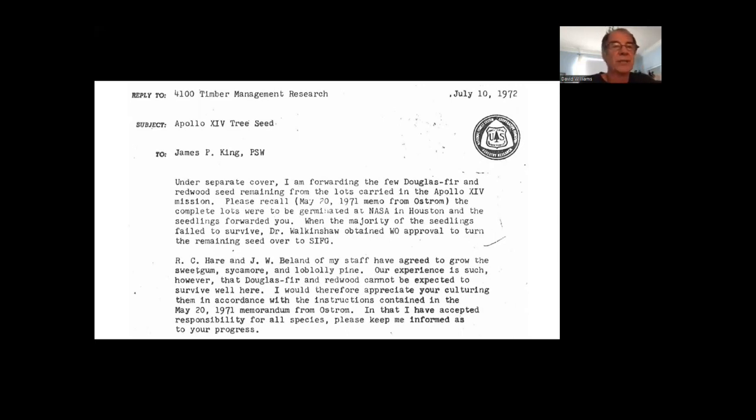So what they did was they took the rest of them, and here's the letter where they actually say they're sending them. They took the seeds and they sent them to a couple of Forest Service offices, one in Placerville, California, and one in Gulfport, Mississippi, to germinate there, where they actually had the facilities. And well, they did. They sent the seeds.